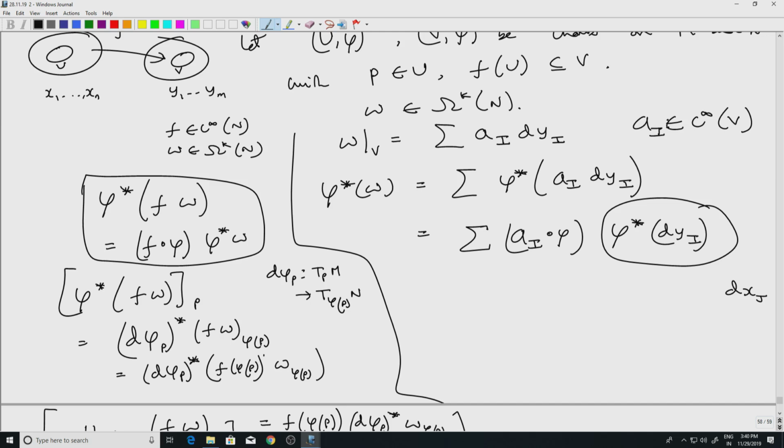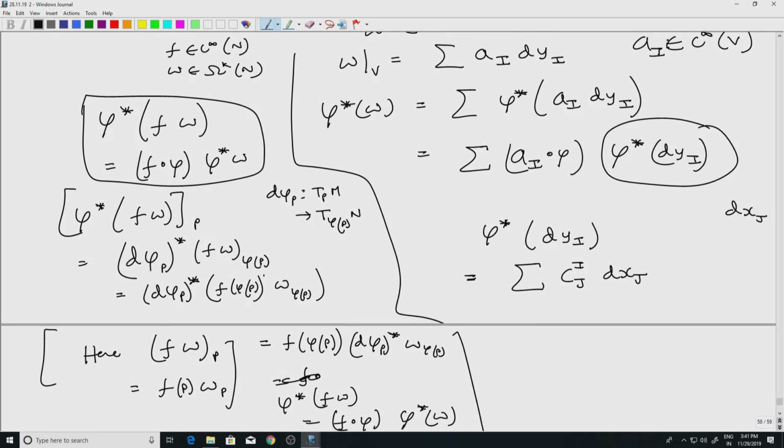Well, what is this? Phi star of dy_I will be some linear combination, some combination of c_JI dx_J.